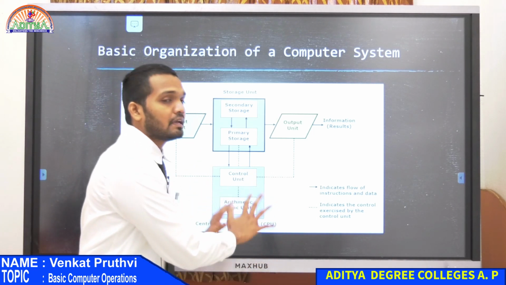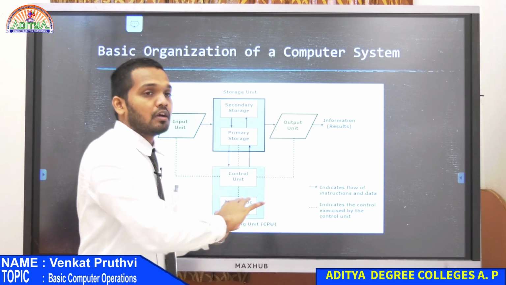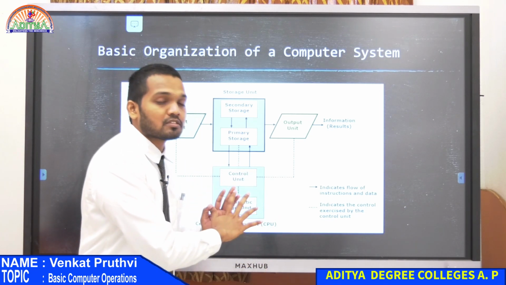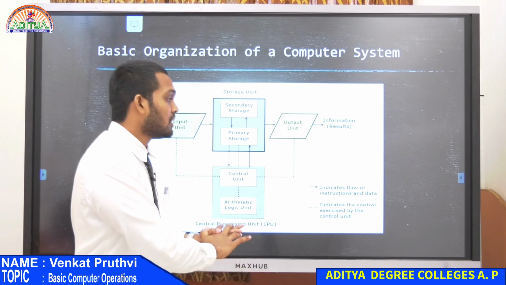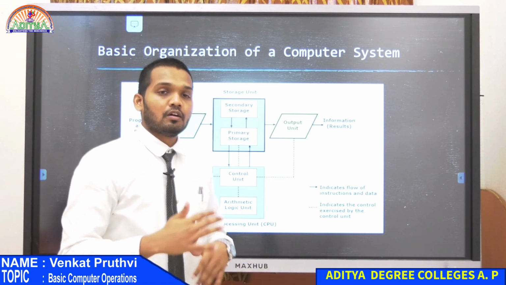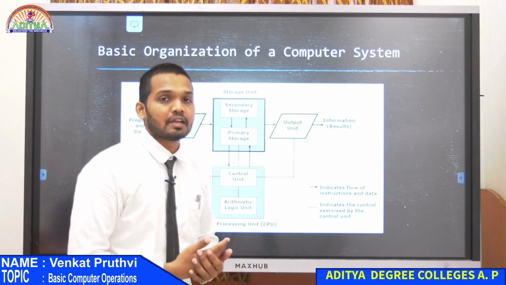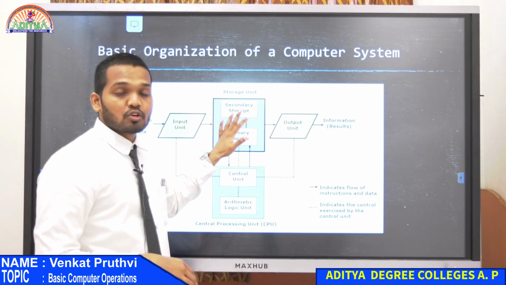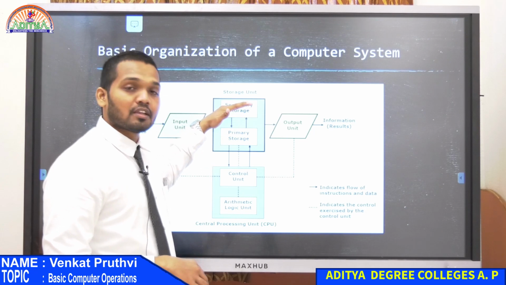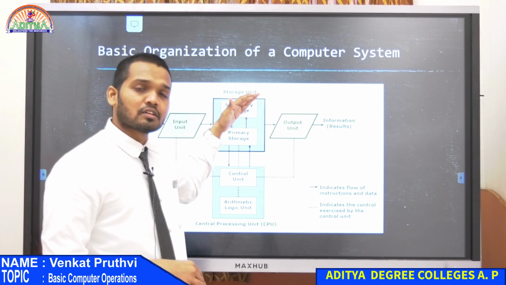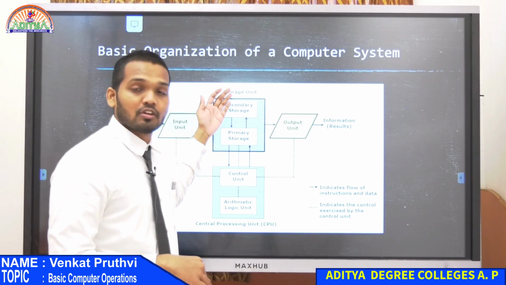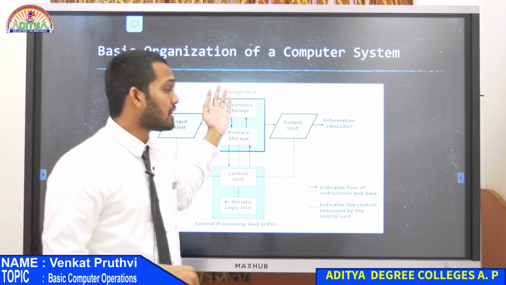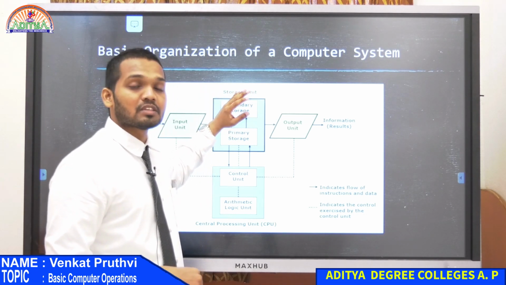Take some time to understand this, because it should be the basic fundamental for any concept that we will be discussing in the later units. Take your storage unit: in the secondary storage you have your hard disk, your external connections, your USBs, CDs, DVD drives, whatever it is, all of them come under secondary storage.